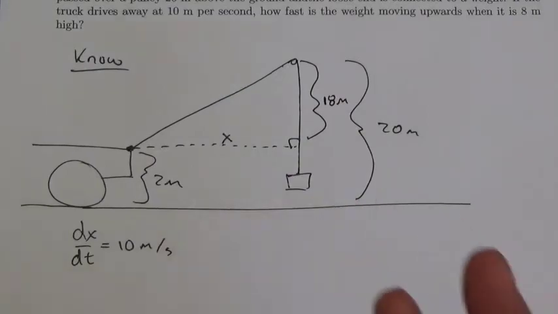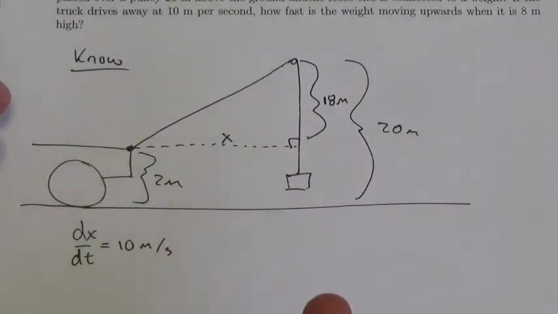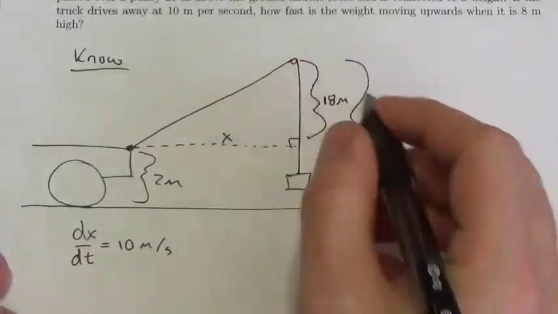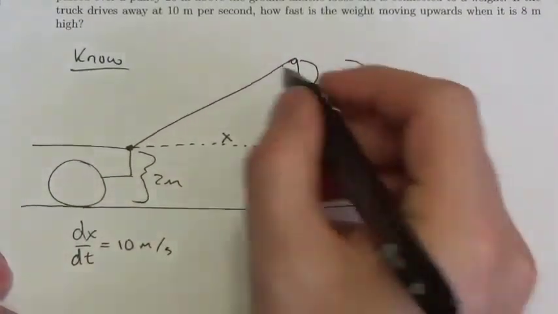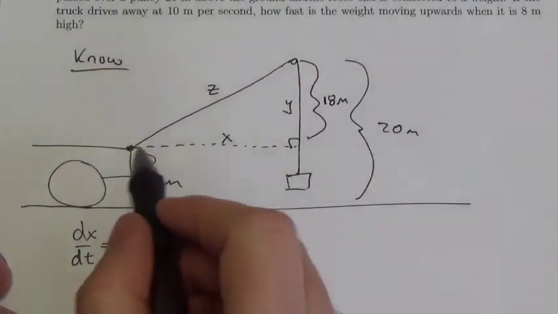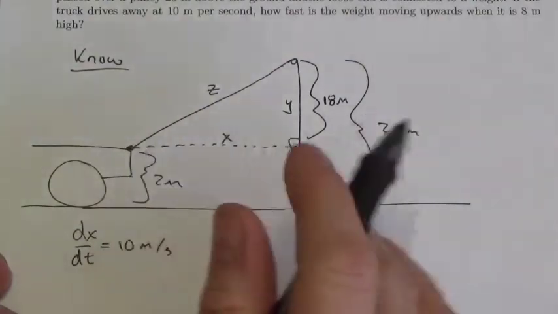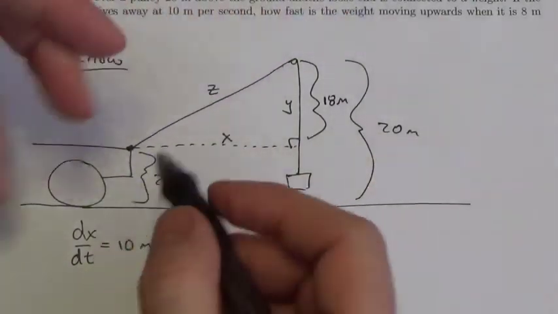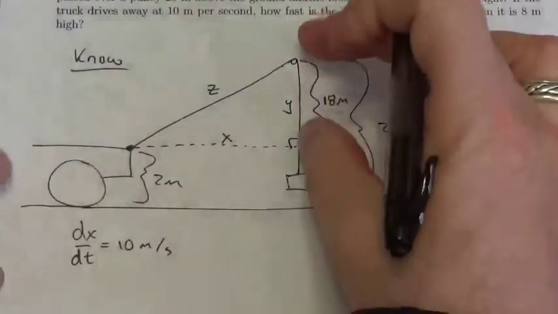Well, then you might ask, where on earth does this idea of the weight going up come from? That actually is going to come from a different variable altogether. In this triangle here, we've got y and we've got z. And you really have to focus on the triangle here, in spite of the fact that the truck is going this way.